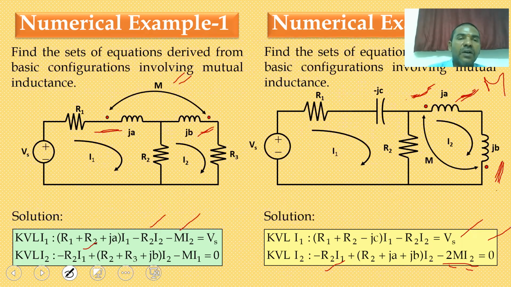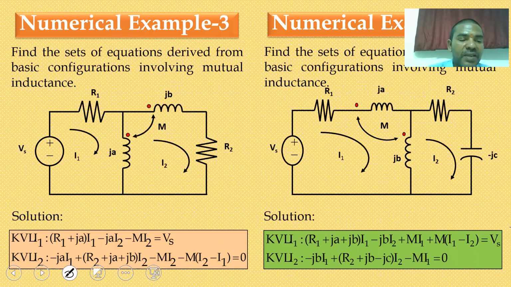So going for example 3. In this example 3, it is a two loop circuit. I1 and I2 are the two currents. We are writing the equations for I1 and I2 with respect to KVL. R1 and JA are the first loop elements. JA, JB, R2 are the second loop elements.